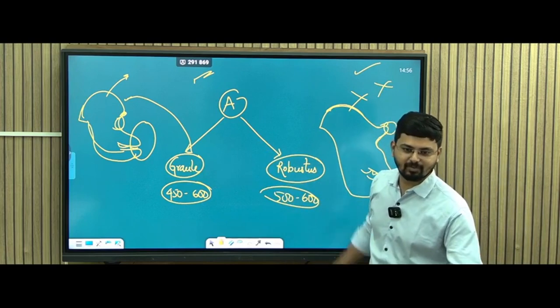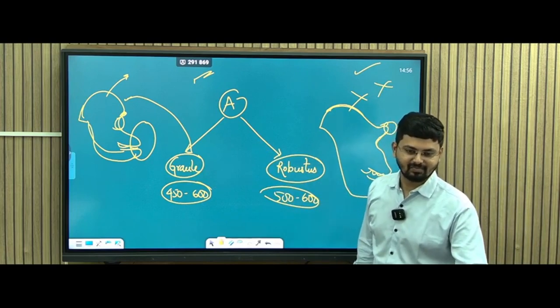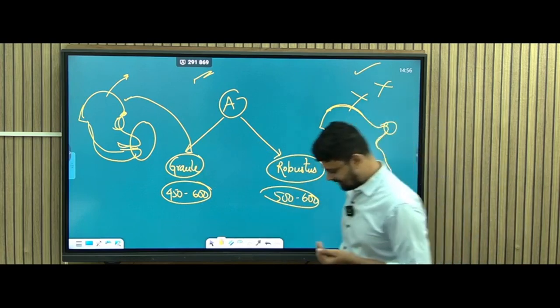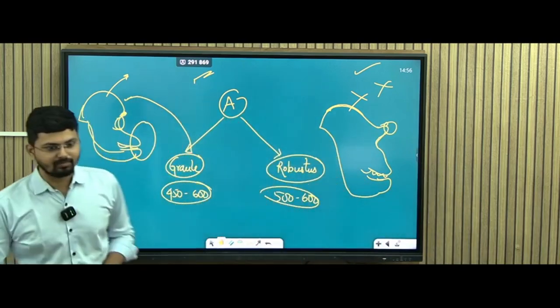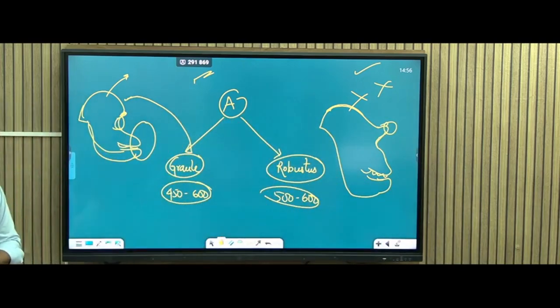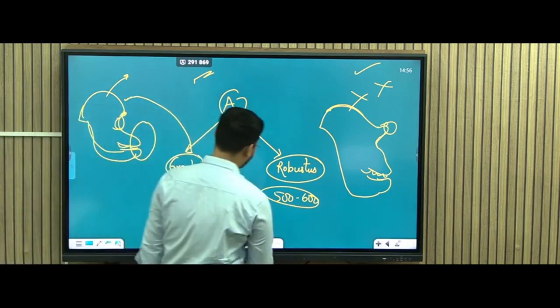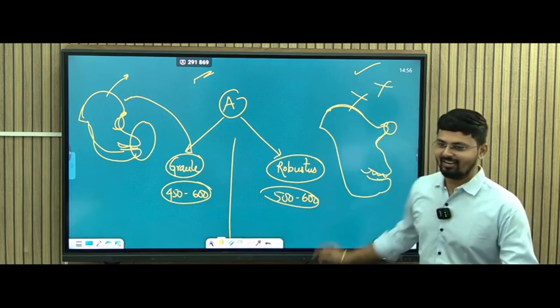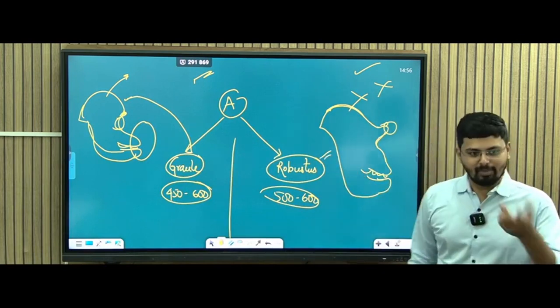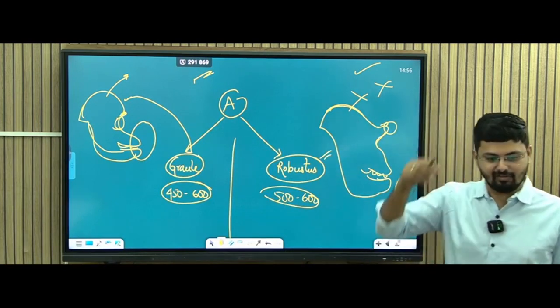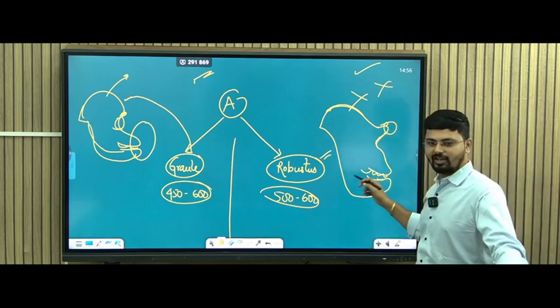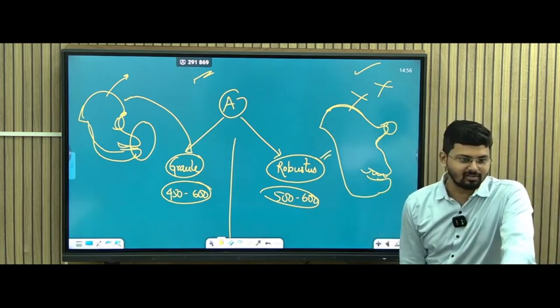Sagittal crest, where is it present? You should not get confused. It is present in robustus. So basically, when robustus has the sagittal crest, then obviously your mandible size will be large.